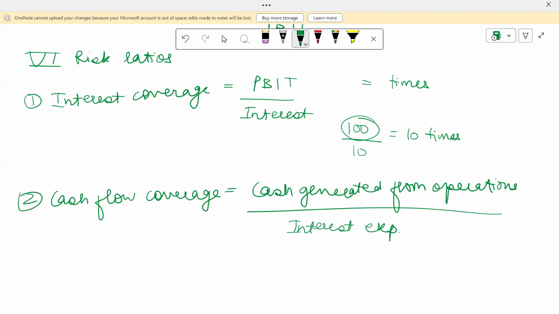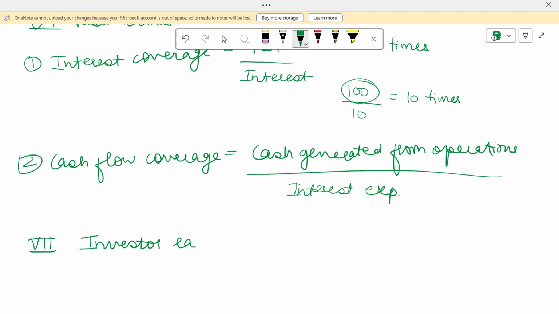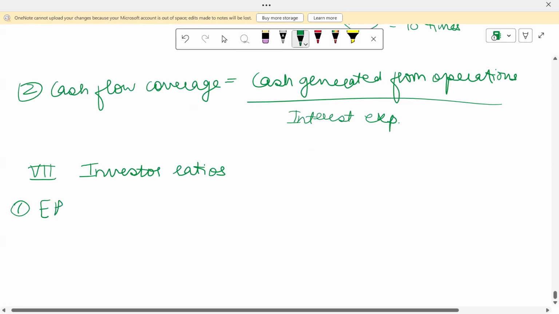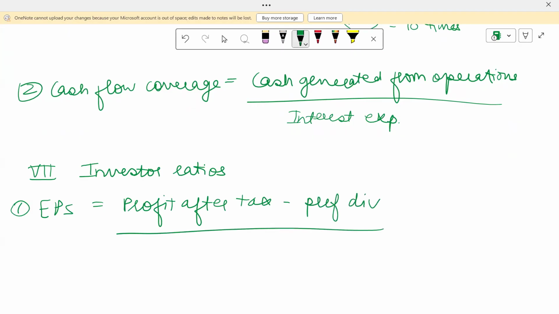Now the last category of ratios that we talk about is going to be our investor ratios. Number one is your earnings per share, EPS. The formula to calculate it is profit after tax minus preference dividends, divided by your weighted average number of ordinary shares in issue.